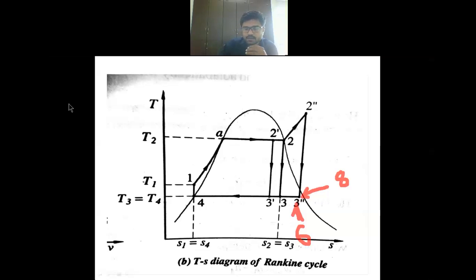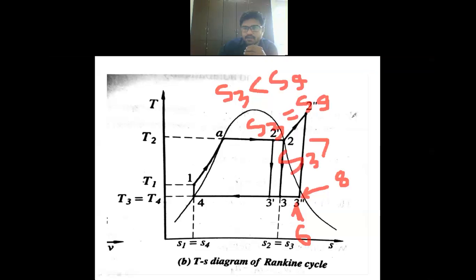Basically three cases are there. Either our s3 may be less than sg, so this is the first case. Or our s3 may be equal to sg, or s3 may be higher than sg.